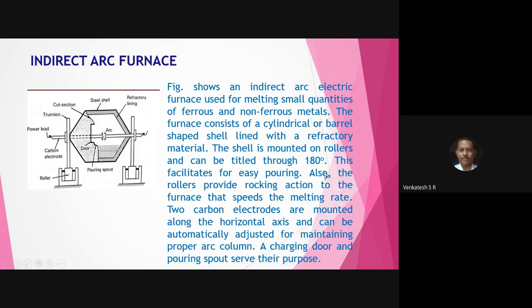Rocking action to the furnace that speeds up the melting rate. Full stop.